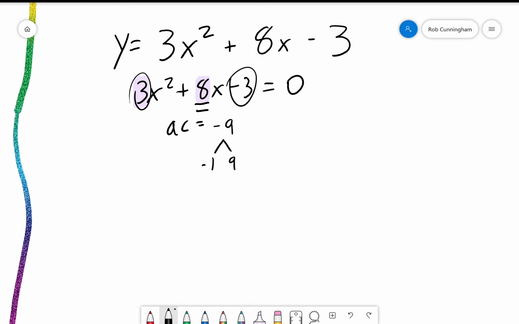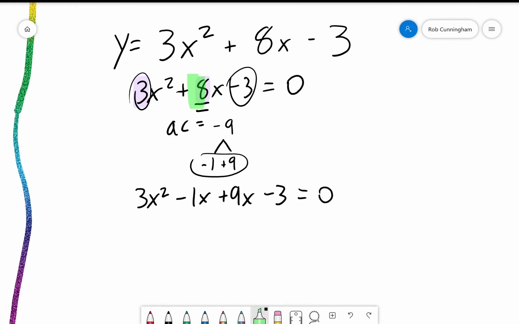And if I make the 1 negative and the 9 positive, -1 times 9 is -9, and -1 plus 9 is indeed +8. Now again, because we have that 3x squared, we have to be a little bit more creative here. We can't just go straight to the answer. We have to split our middle term. So we get 3x squared minus 1x plus 9x minus 3 equals 0.